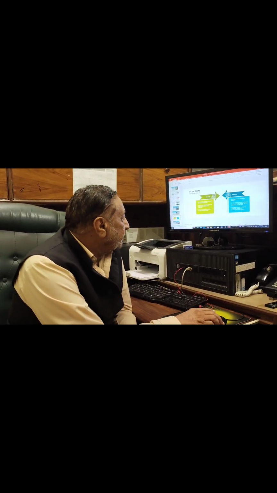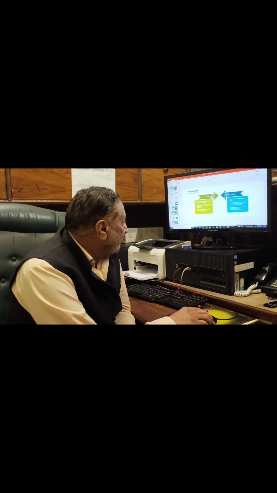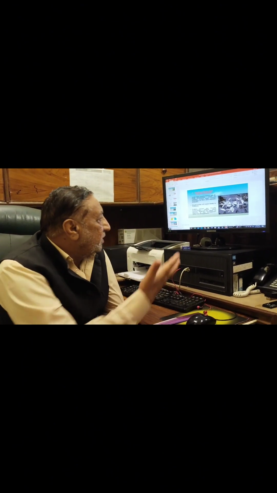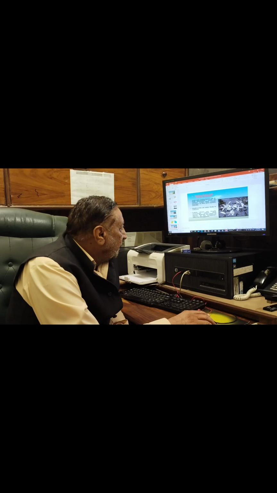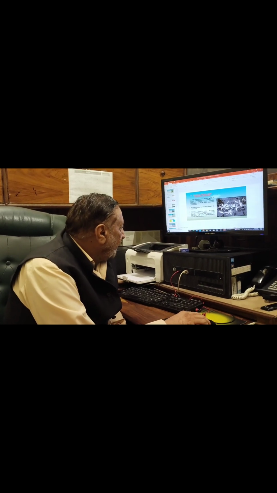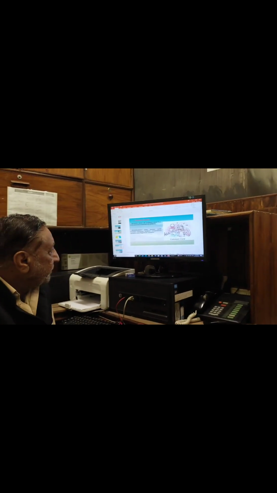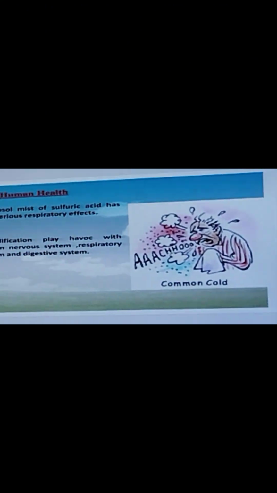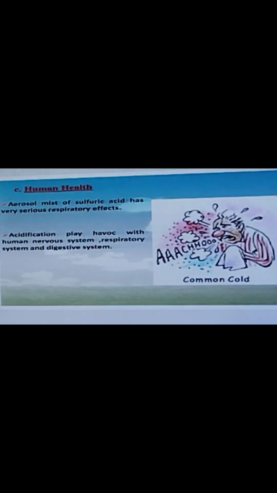And here you can see the sulfur dioxide we have already discussed, and you can see how fish and diversity are affected. And then human health: aerosol mist of sulfuric acid has a very serious respiratory effect.